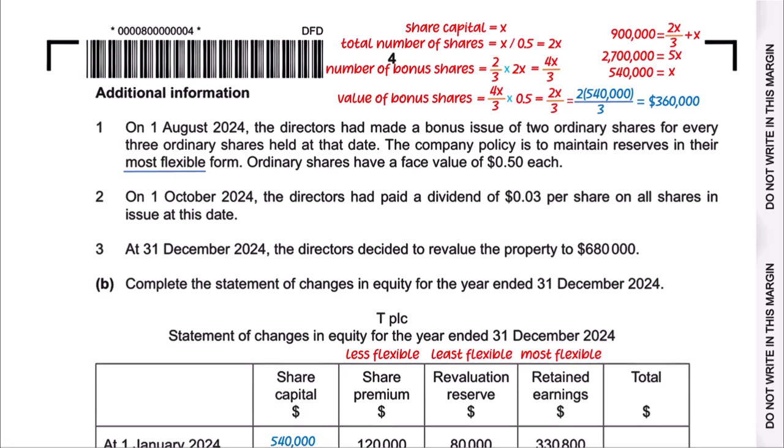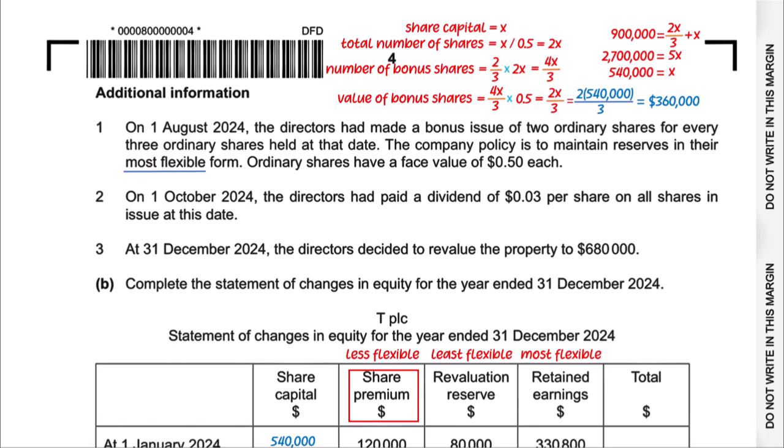You need to think about it very carefully, because if you use retained earnings, which are the most flexible form of reserve, for the bonus issue, then the flexibility may be lost. The company wants to keep reserves in their most flexible form, because if you use the retained earnings, that means you are using them up. And if you use the share premium reserve, which is slightly less flexible, first, then you are actually saving the retained earnings for future dividends or other needs.